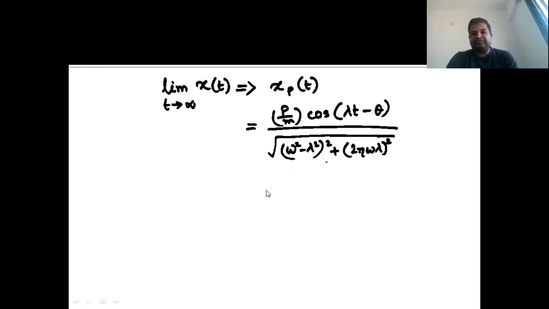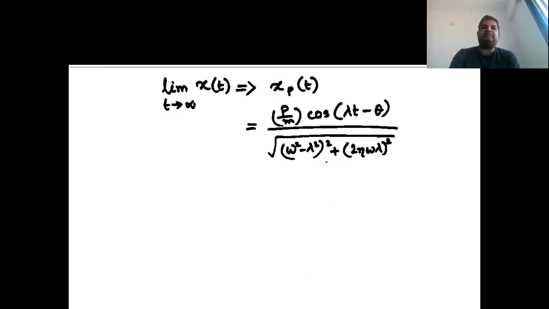So here I have written x_p of t, and the formula we derived for x_p of t is p by m cos(lambda t minus theta) upon the square root of ((omega square minus lambda square) whole square plus (2 eta omega lambda) whole square). This is the formula we have seen.